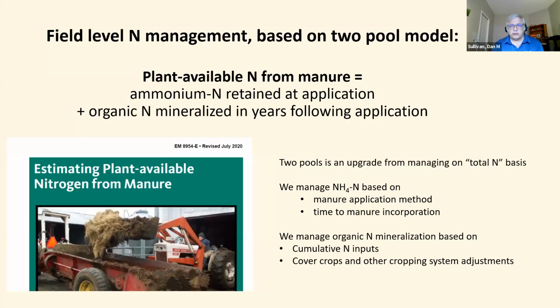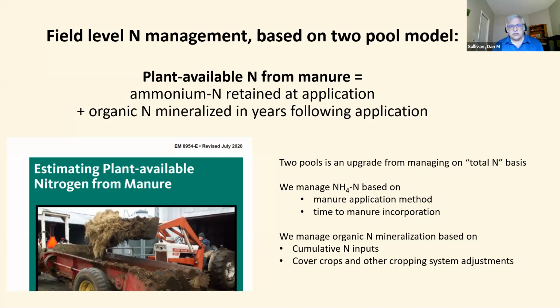The tool I'm introducing today is contained in a publication called Estimating Plant Available Nitrogen from Manure. This is a spreadsheet model that's been incorporated into Adobe PDF, and it looks at two pools of nitrogen: ammonium nitrogen retained at application and organic nitrogen mineralized in years following application.